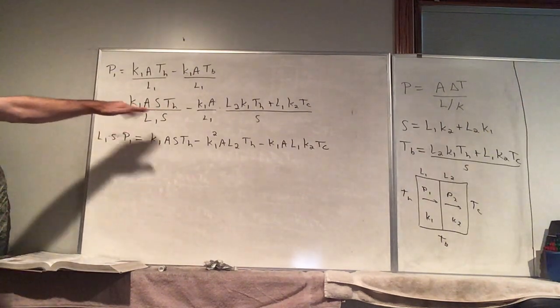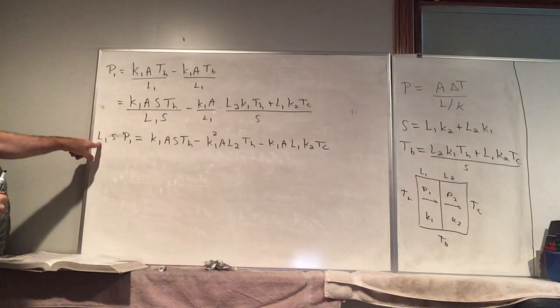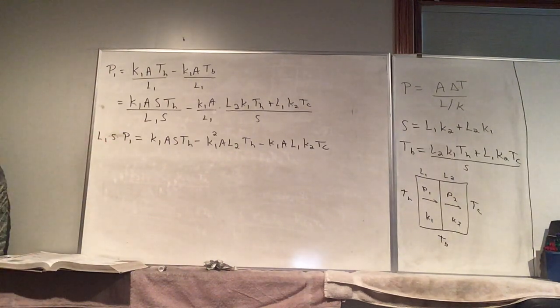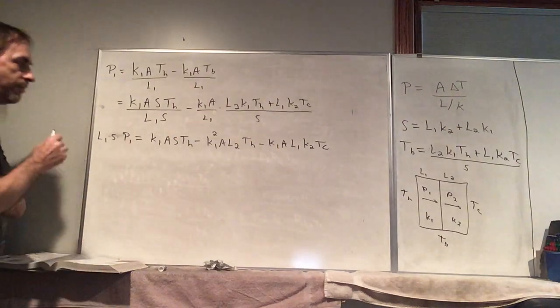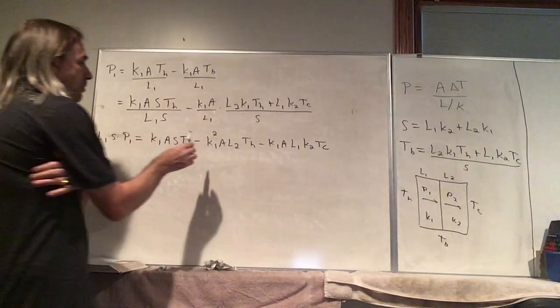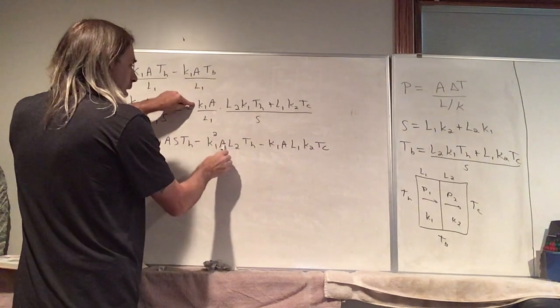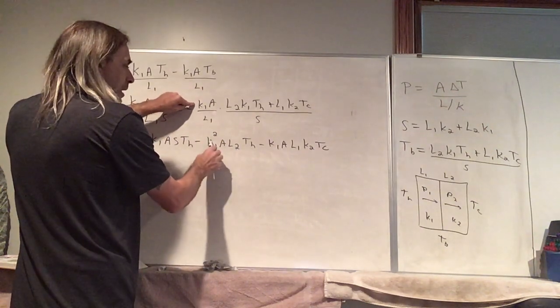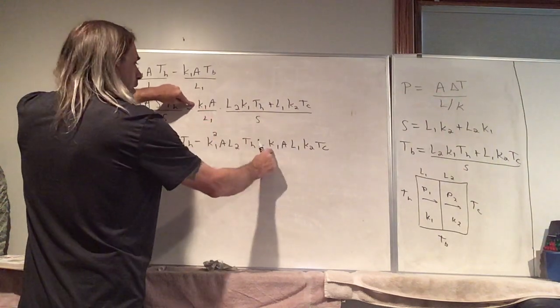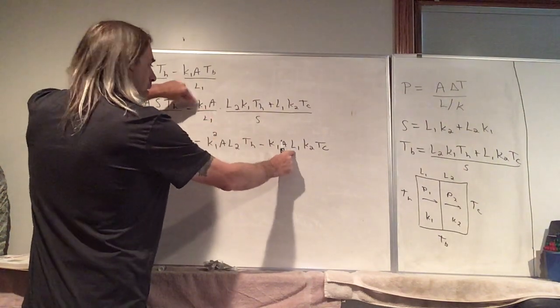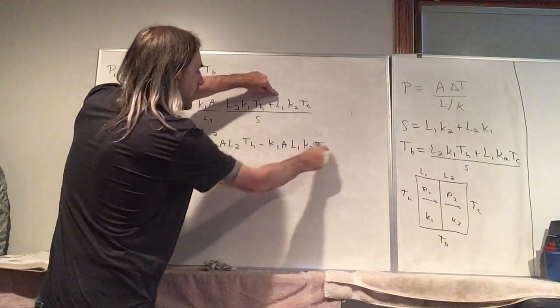So yeah, we got rid of the denominator by multiplying both sides by L1 times S. So first term, K1ASTH. Second term, we have K1AL2 times K1 times TH. And then minus, so that would be minus K1A times L1 K2 TC.